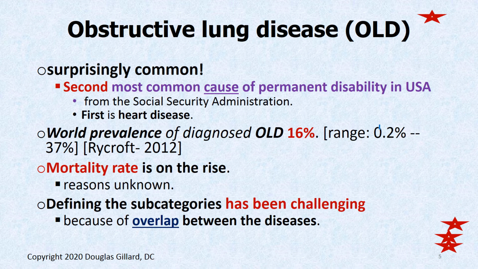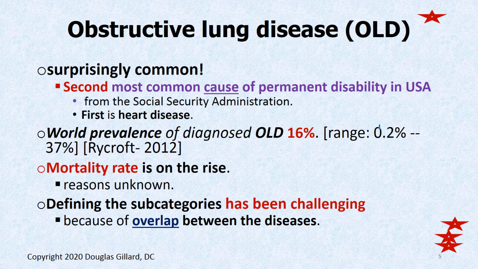Obstructive lung disease is super common. It's the second most common cause of permanent disability, according to the Social Security Administration in the United States. The first is heart disease. The world prevalence of this disease is thought to be 16%. This isn't Marfan syndrome at 0.01%. With 16% of people, you're going to run into this for sure because of all the baby boomers you treat.